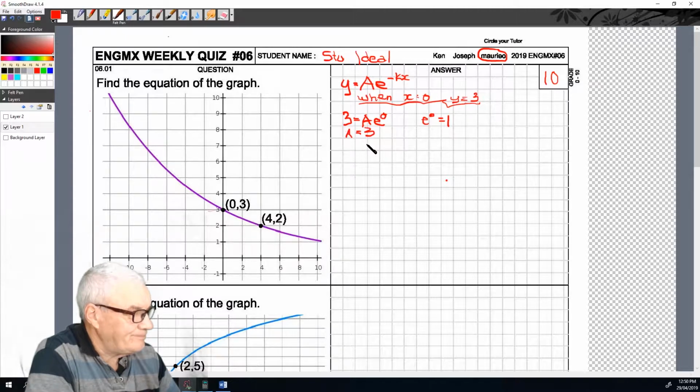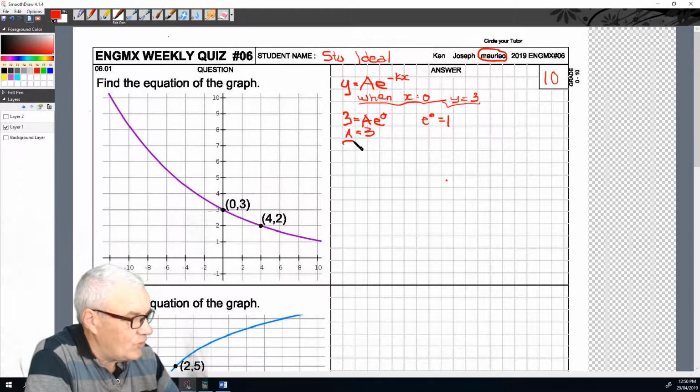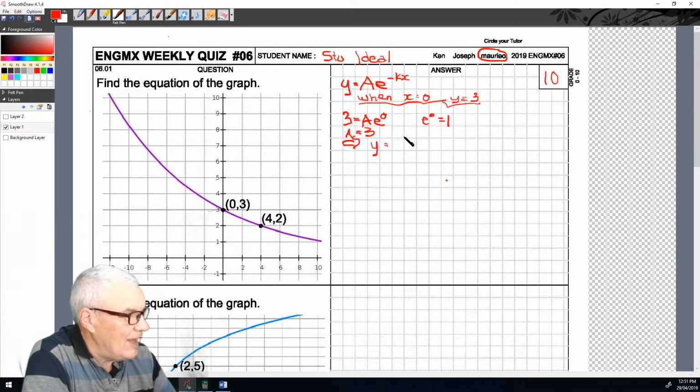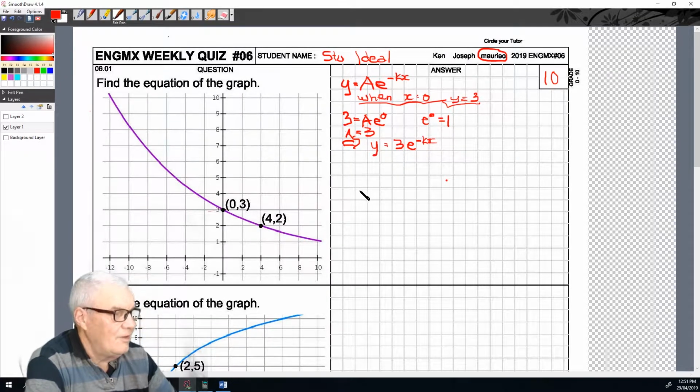So now this tells us that our graph is something like y equals 3 e to the negative kx.